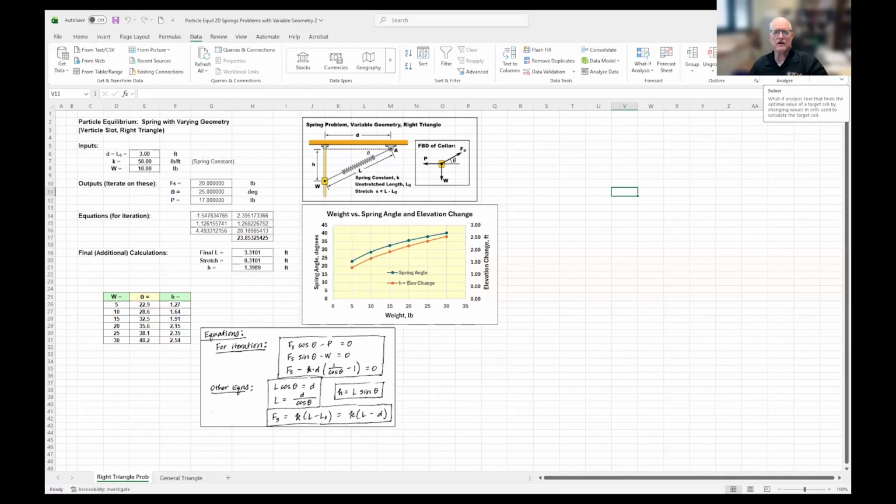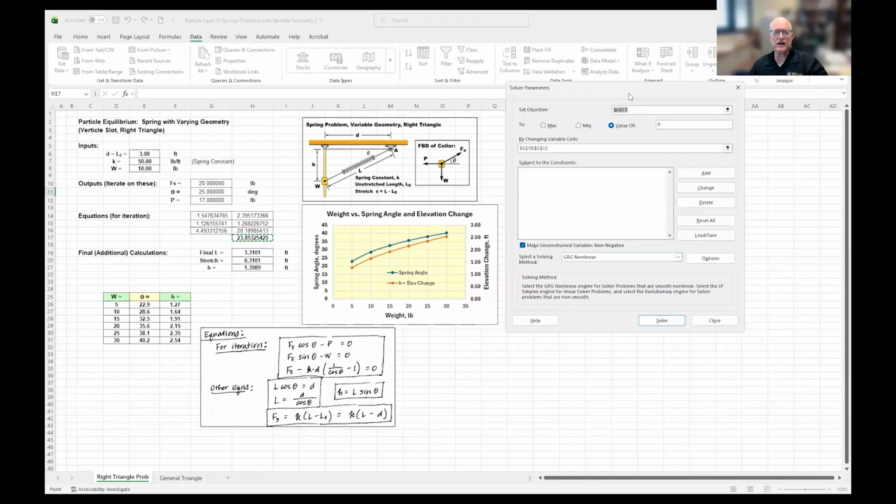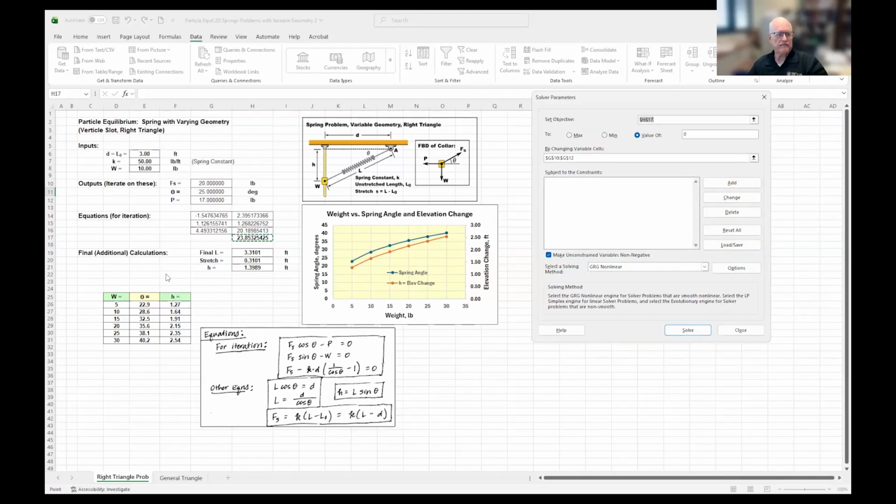And so this is my Solver setup. These are the 3 equations that we solved. We basically said F cosine theta minus P is equal to 0, F sine theta minus W is equal to 0, and then this one is equal to 0. I programmed this equation in this cell.